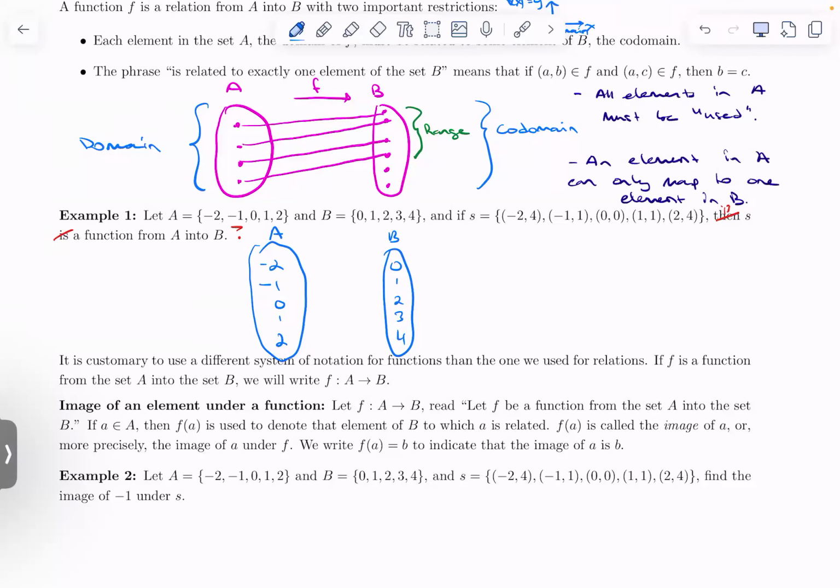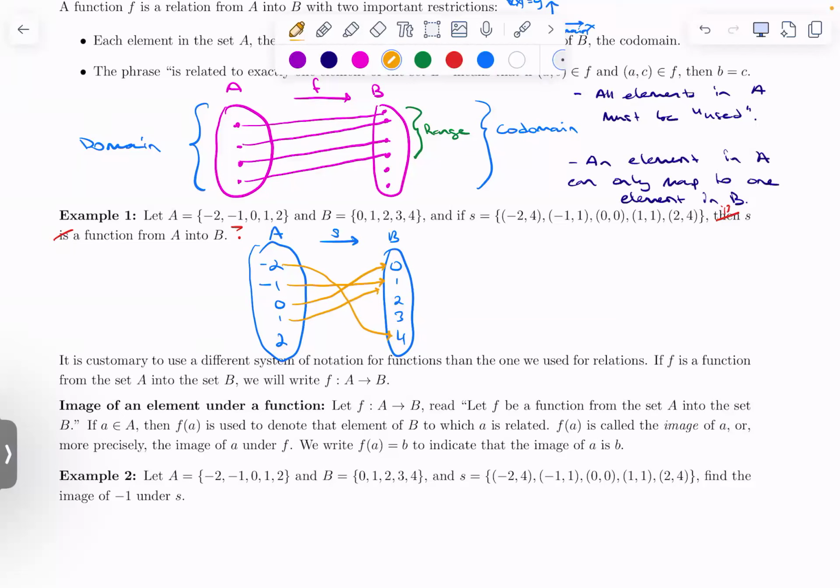We can map this relation S, we can draw it. -2 goes to 4. -1 goes to 1. 0 goes to 0. 1 goes to 1.